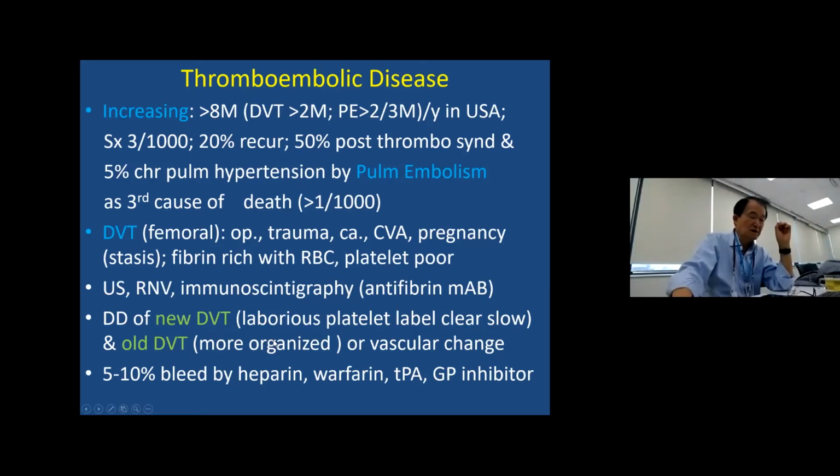Because of the platelet component being more in the new clot, if we use a radiolabeled platelet, we can diagnose it here. And then certain TPA can almost melt down all the new clot if we have a patient within a day.